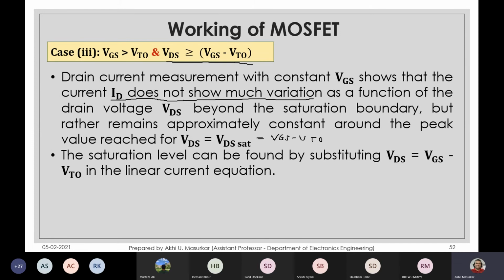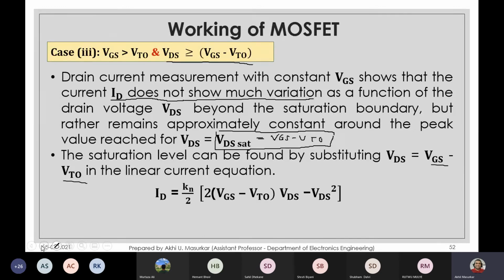The saturation level can be found, so this VDS sat can be found by substituting VDS as VGS minus VTO in the linear current equation. So this was the linear current equation. In this, if we substitute VDS as VGS minus VTO, we will get the saturation current equation.